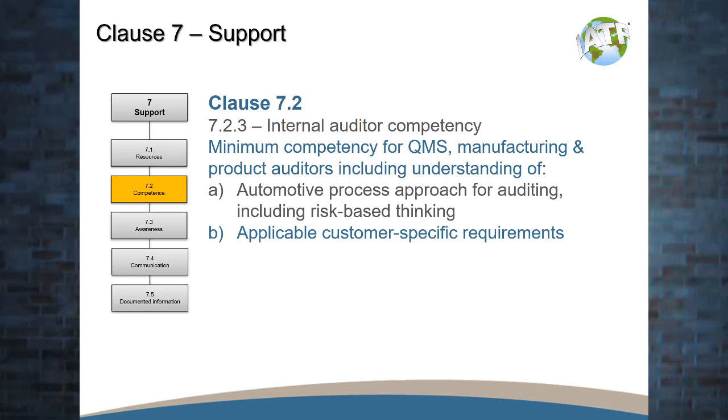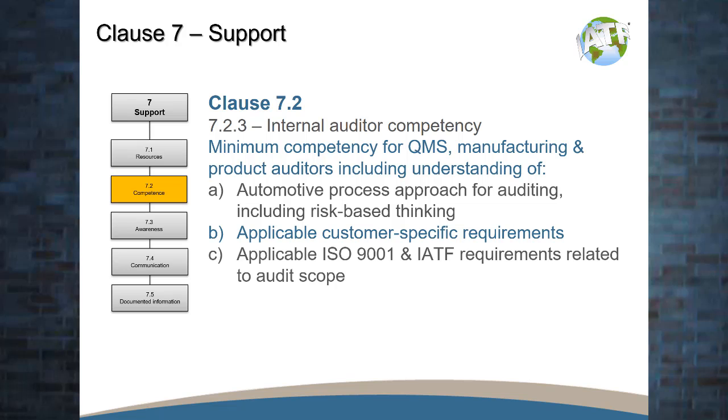So if there are customer-specific requirements related to the process or processes or area or manufacturing line or product that you're auditing, you need to be familiar with those applicable requirements from the customer. Also, and this just makes sense, any applicable 9001 and IATF requirements related to the audit scope. So if you're auditing a certain process, what are the underlying 9001 and automotive requirements related to that particular process that you're auditing?